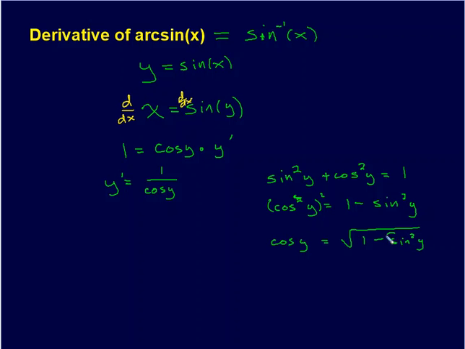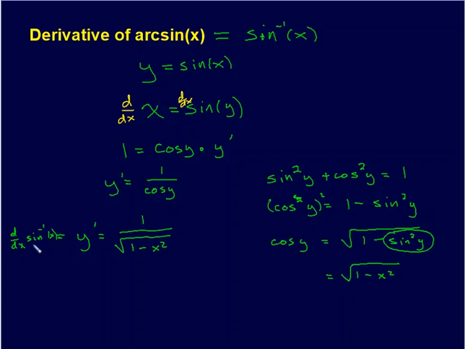So this quantity down here, where I've got sine squared y, or that's really the sine of y squared, this is really now just x squared. And so I can rewrite this further as cosine of y is the square root of 1 minus x squared. And that's how I'm going to write my derivative: 1 over the square root of 1 minus x squared. And so this really is the derivative of the inverse of the sine function.